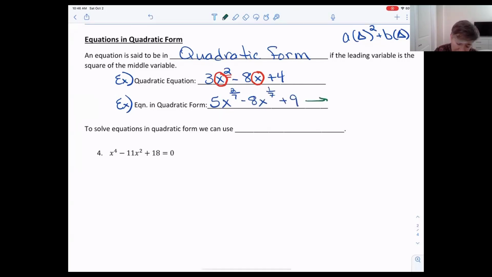If we look at the x variables there, we have an x to the 1/7, but then that leading x is still x to the 1/7, but it's being squared. So it's that middle term of x being taken to the power of 2. So to solve these equations in quadratic form, we can use what we call u substitution, or just substitution.